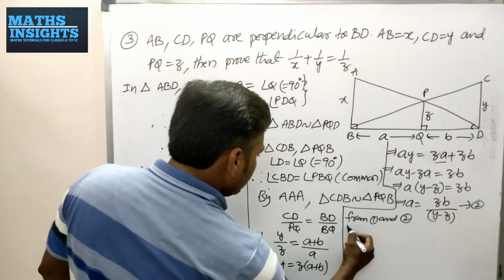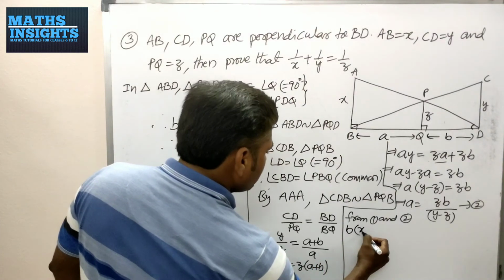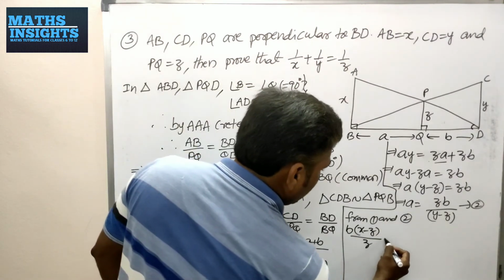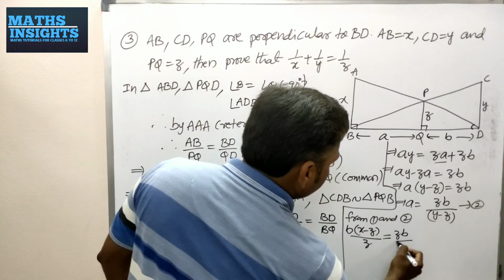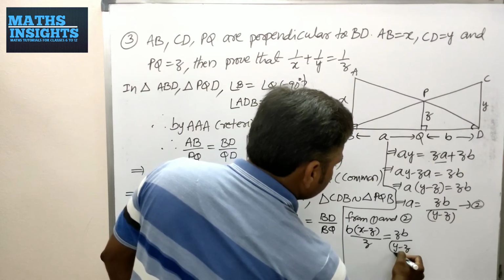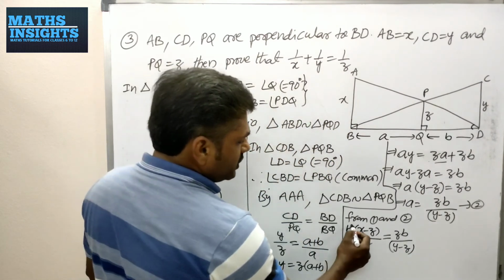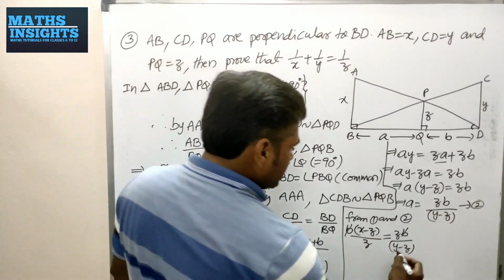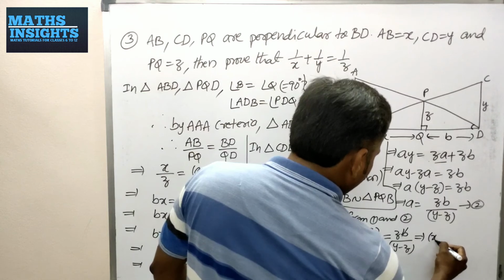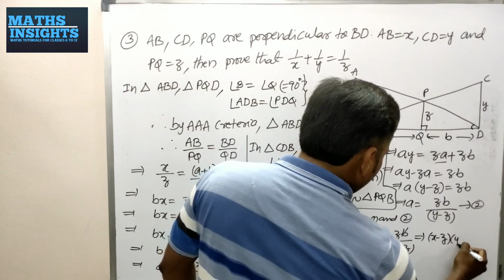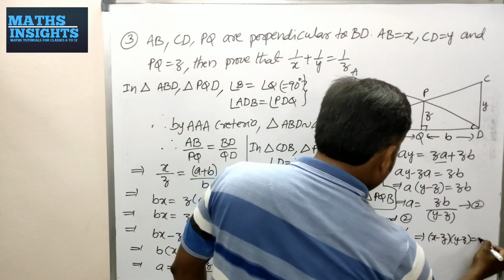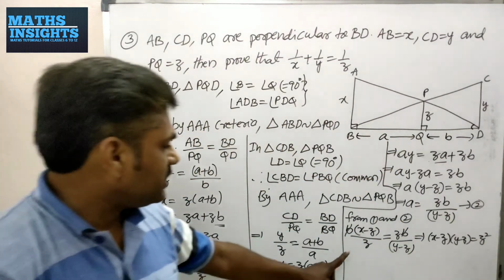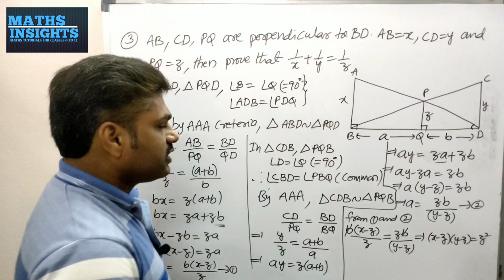Therefore B into X minus Z by Z is equal to Z into B by Y minus Z. On both sides you may cancel B, and if you multiply this, X minus Z into Y minus Z is equal to Z square.